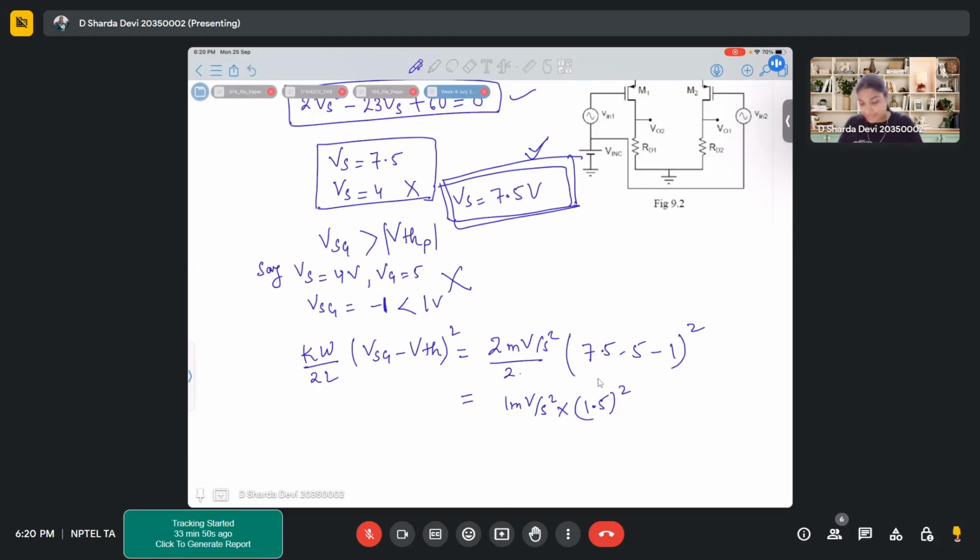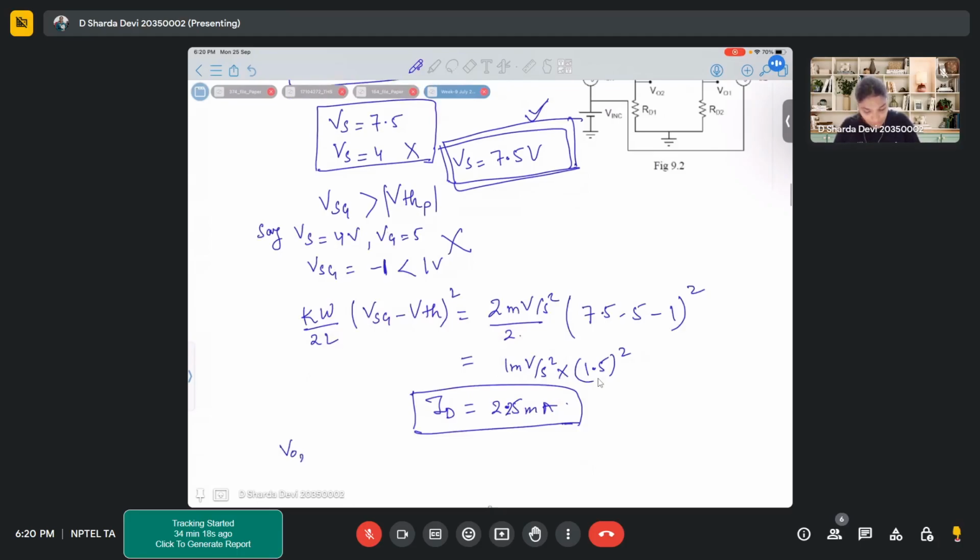So what is the current that we are getting? The current is 2.25 milliamperes. Now we have got the current.